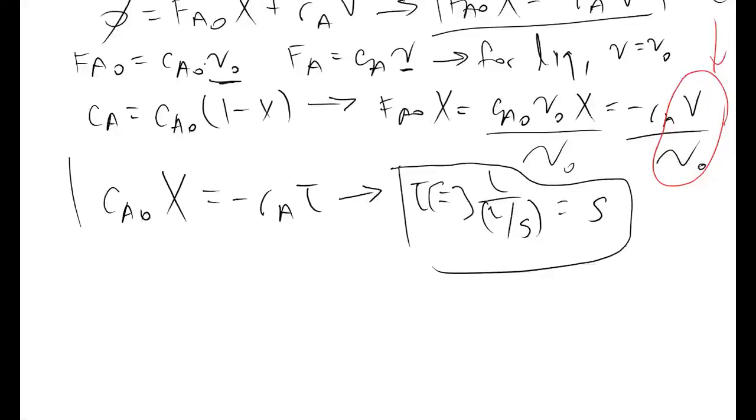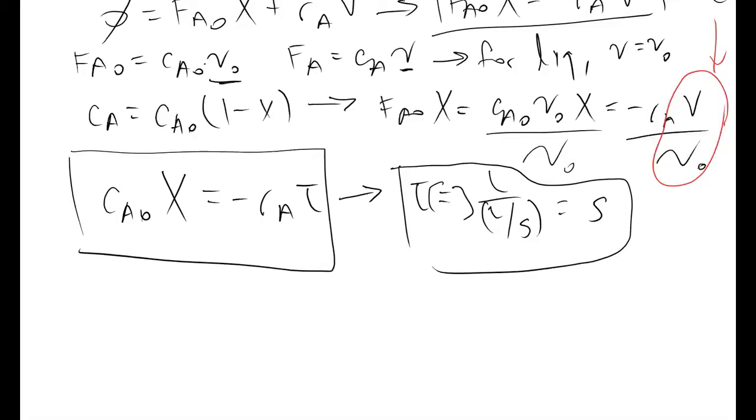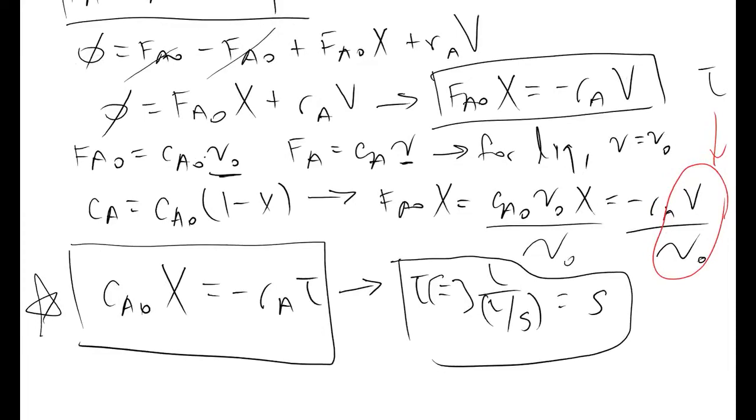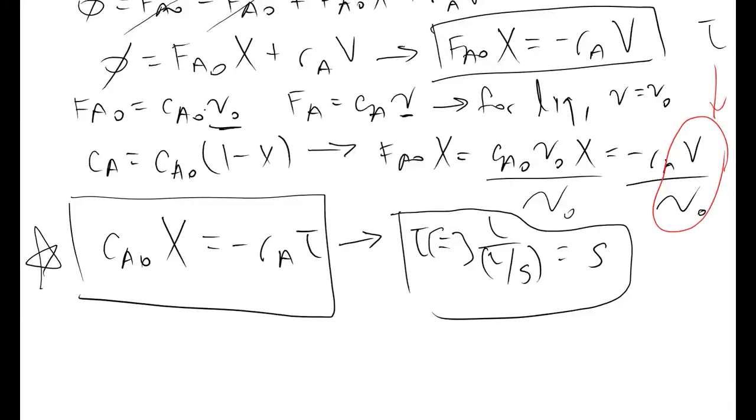And this final relationship that we reached, telling us that CA naught, the initial or the inlet concentration of A times our conversion, is equal to the rate of reaction times our residence time, is another very good relationship to understand about CSTRs, because we see the relationship we have here that tells us if we want to have a higher conversion, we must increase our residence time or have a faster rate of reaction.